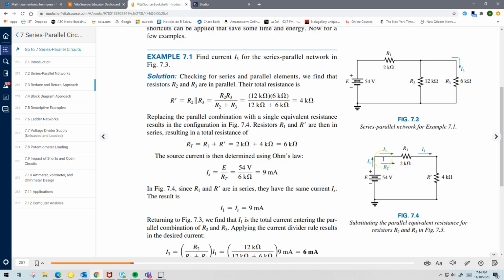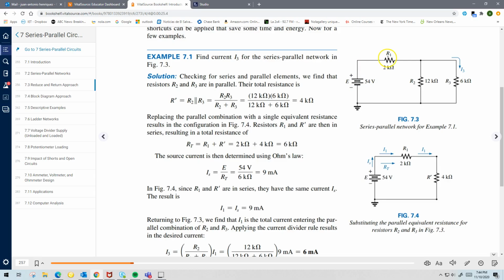So if you do that and apply Ohm's law, you'll have 54 volts divided by 6 kilo ohms, which gives you 9 milliamps. So now you know, based on this second circuit, that if you reference the top circuit, the current coming out of the source is 9 milliamps.